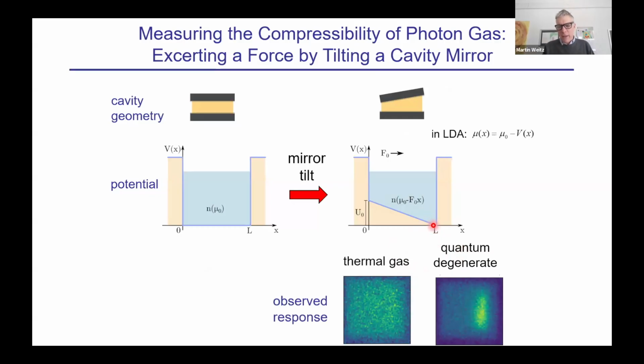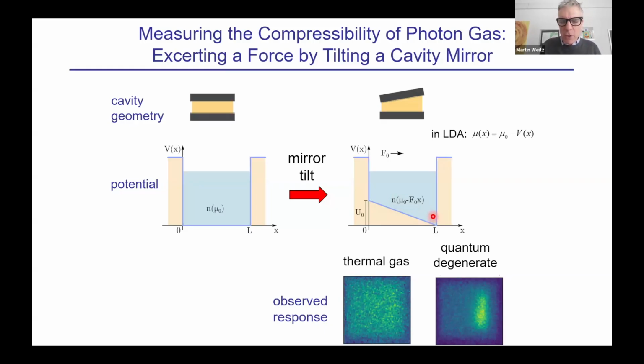If you just occupy the lowest energy state, this is localized very much on the right-hand side, and because you then populate a low energy state, things become compressed much more easily.